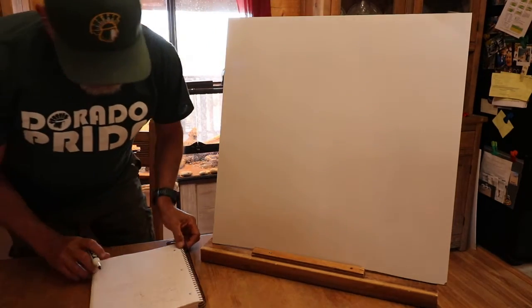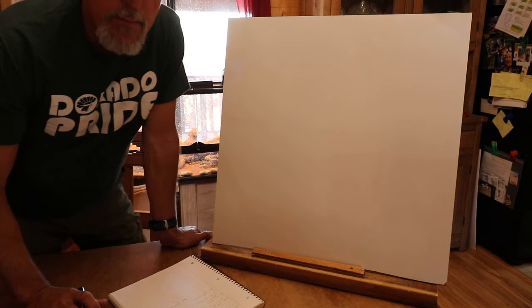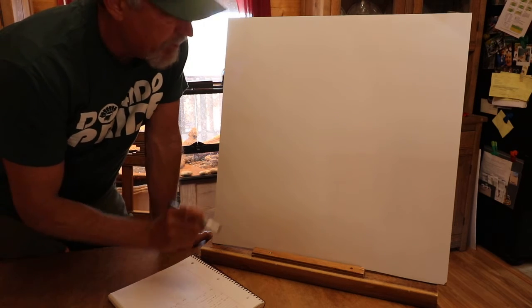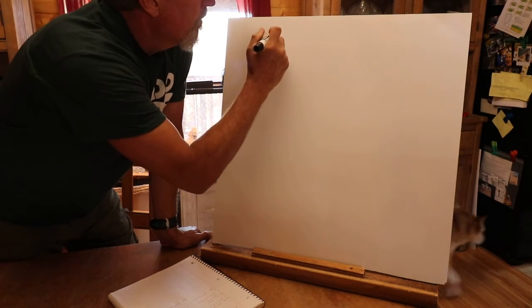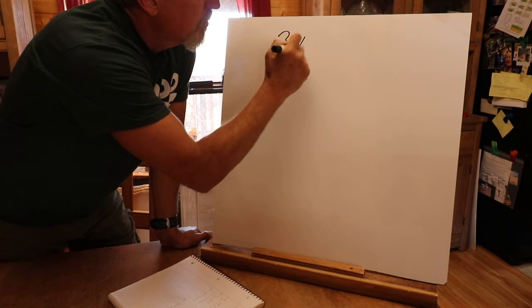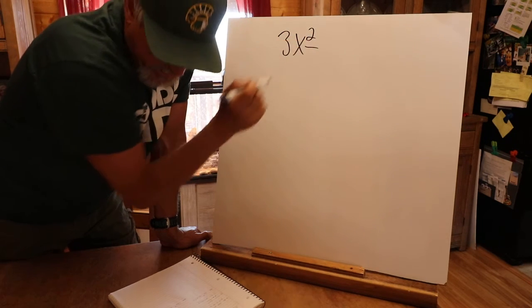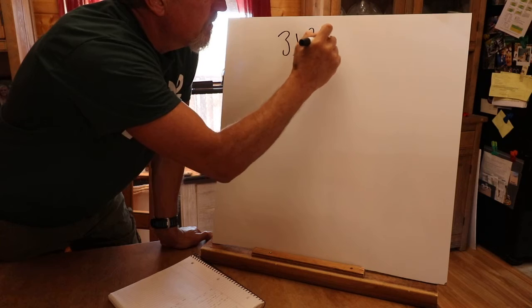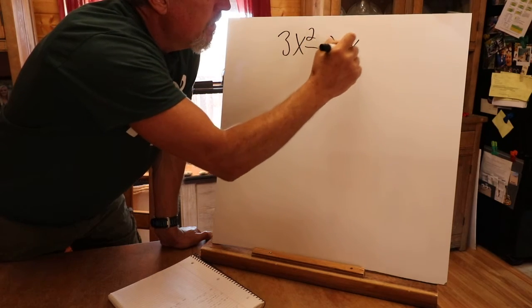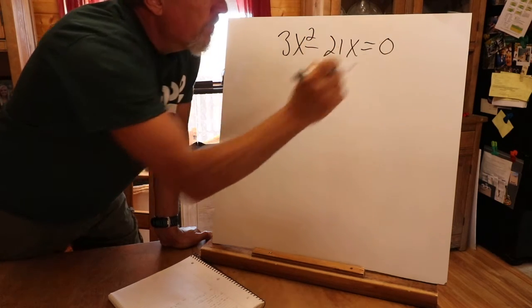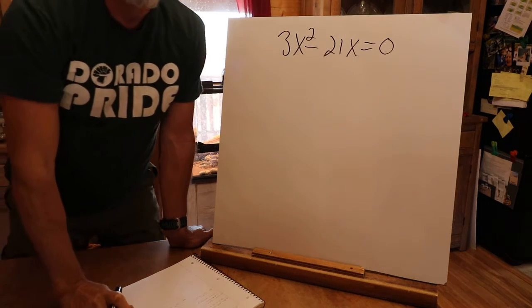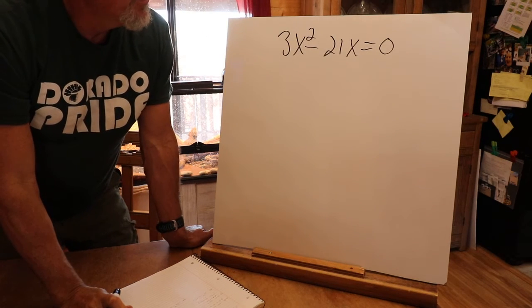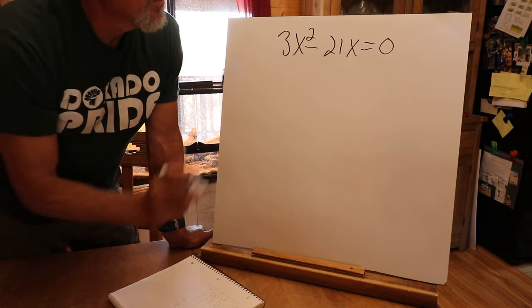So for your last examples, I'm going to put them up here, but you don't have to graph them. So here's your second example. 3x squared minus 21x equals 0. With all factoring, you want to do whatever you can to make the problem work.